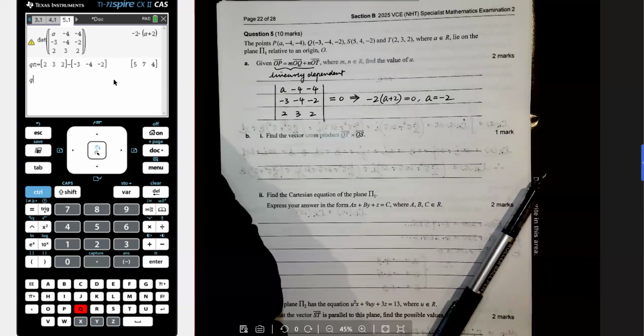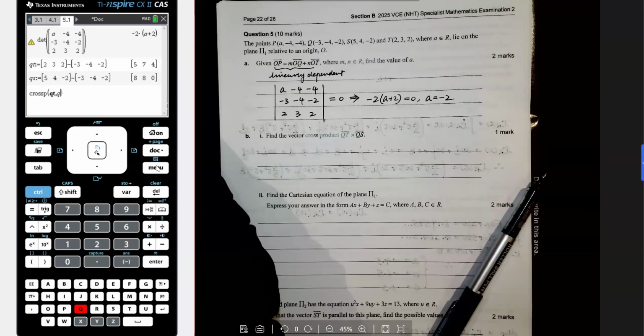And QS is (5, 4, -2) take away Q, that is (-3, -4, -2). So I get (8, 8, 0). Then we do the cross product QT cross QS. Don't reverse the order. Cross product is not interchangeable like dot product. So this is what you're going to get.